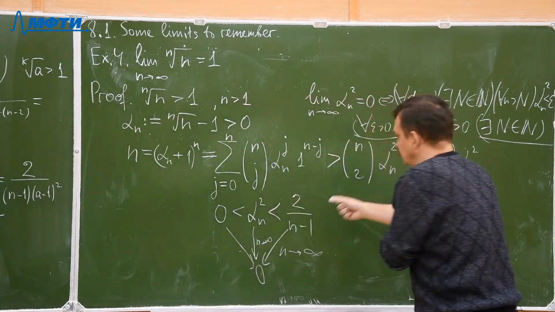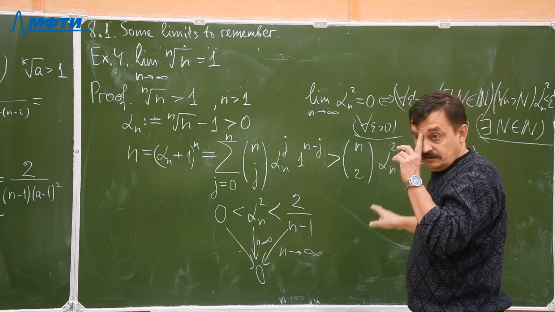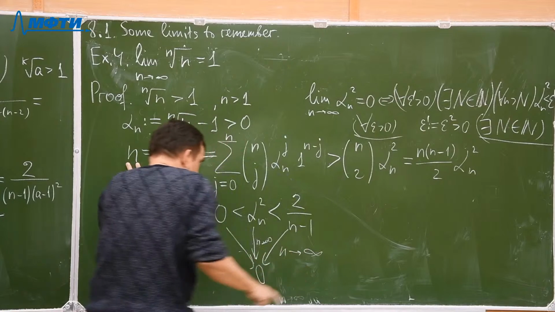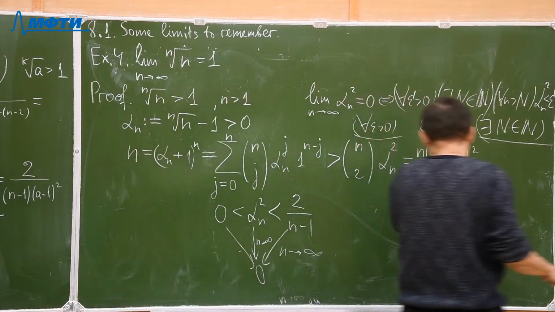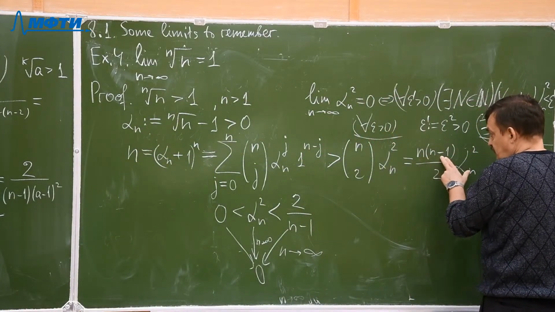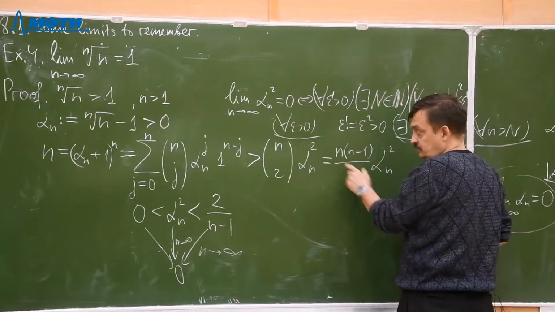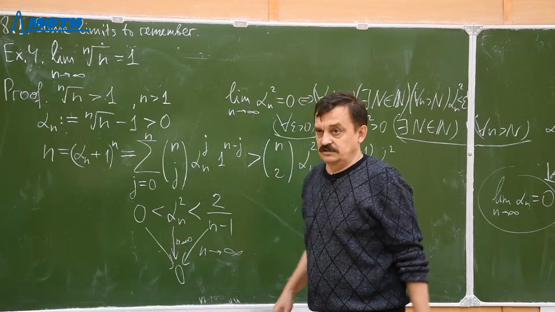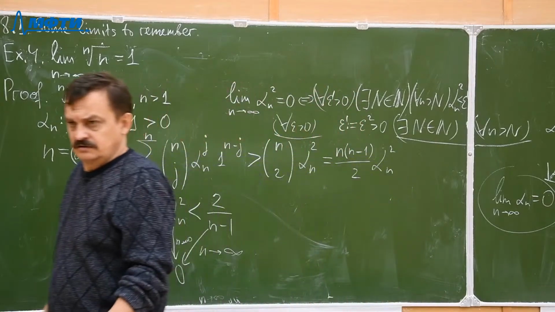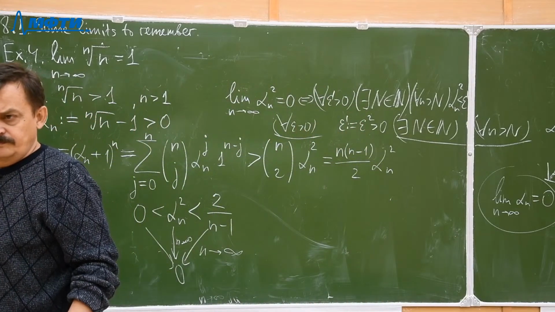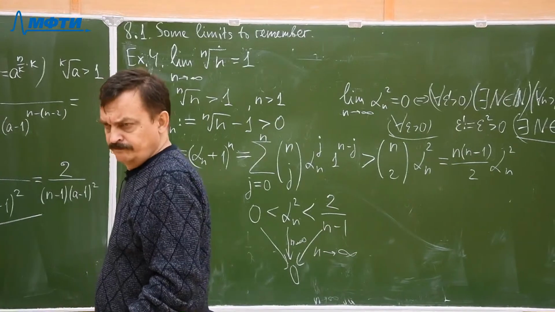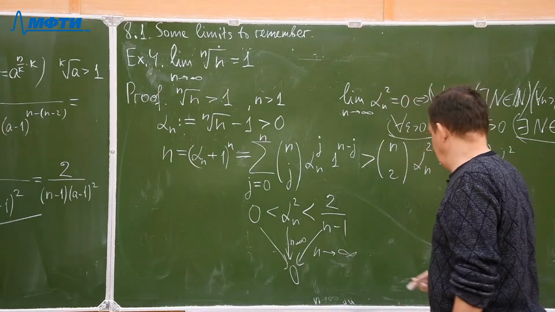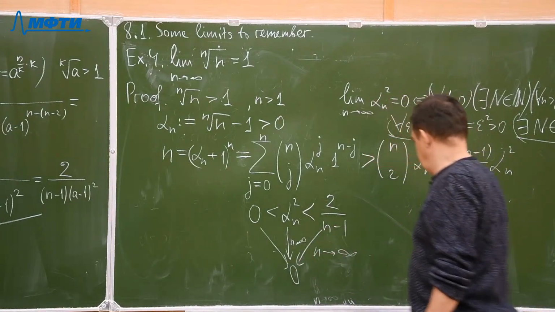Yeah, but look at the inequality: n greater than alpha n squared times n minus 1 over 2. Cancel n, and 2 over n minus 1 is here. Is it? Maybe the question is why it tends to 0.